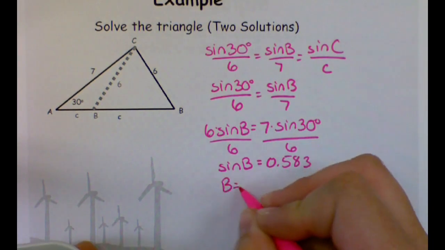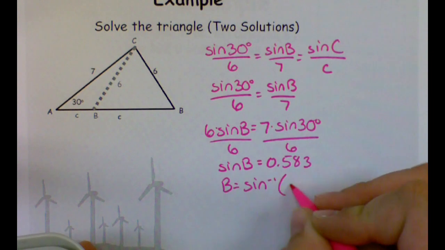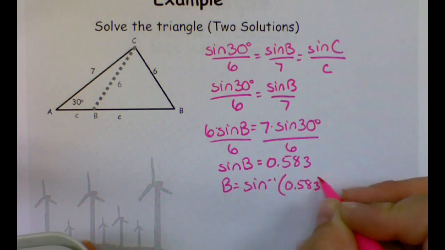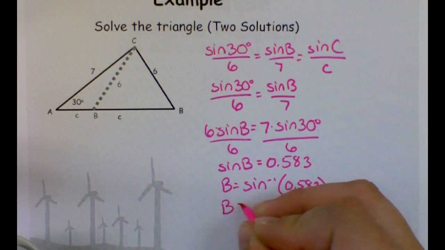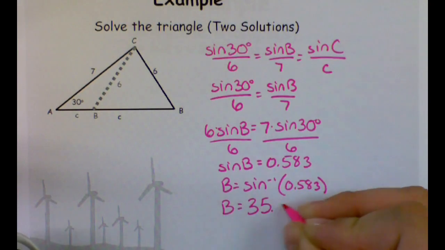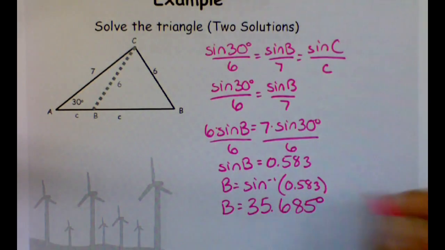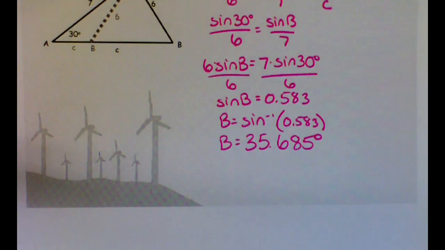So angle B is equal to the sine inverse of 0.583 repeating. So I got that angle B is 35.685 degrees.